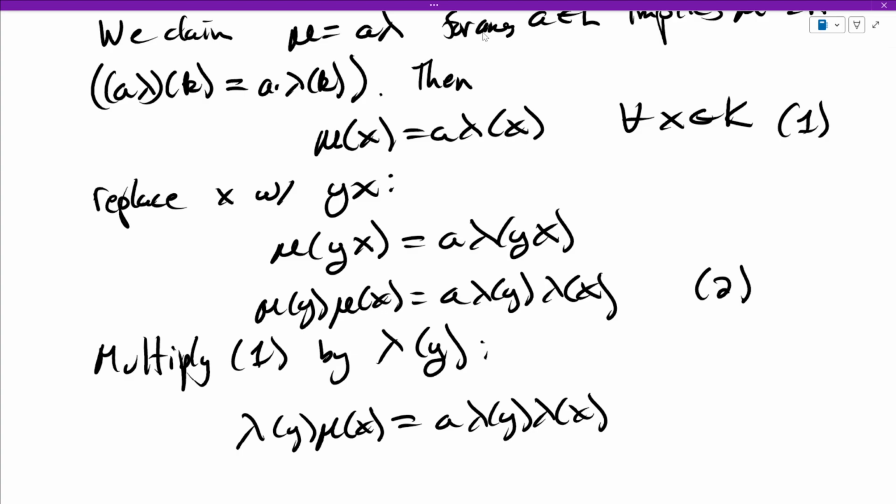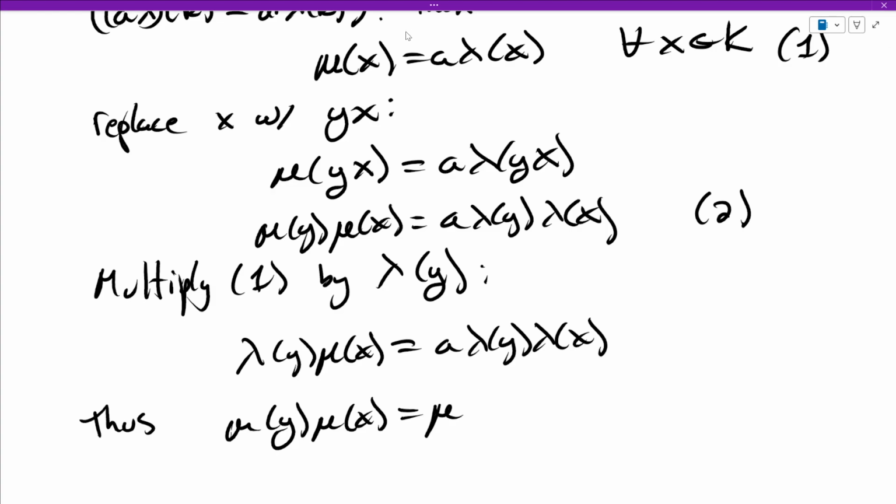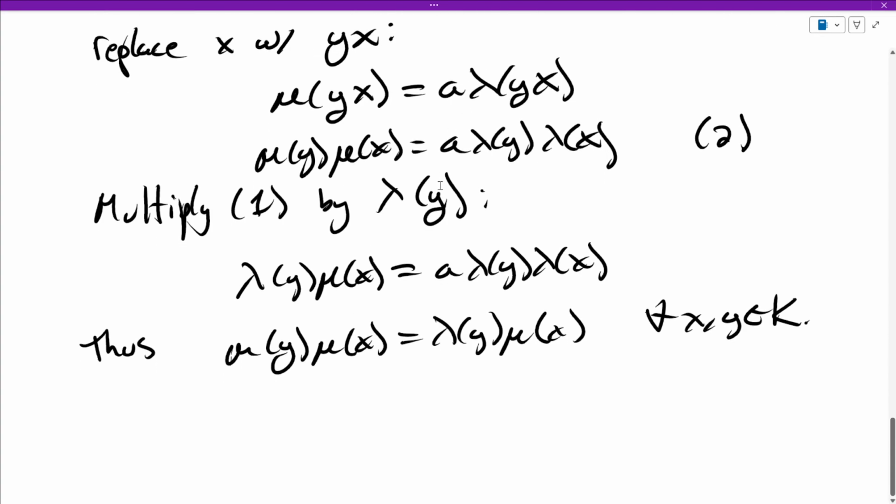All right, so let's look at these two that I have here. That is the same as that. So these must be the same: lambda of y, mu of x. And this is for all x, y in k. Let's just set x equal to 1.